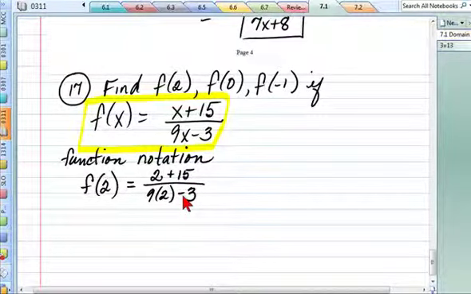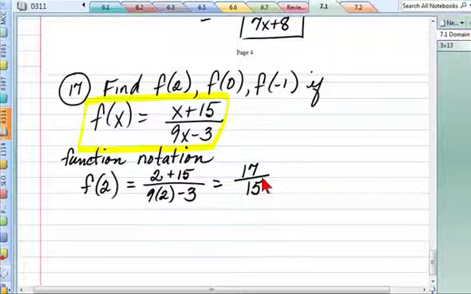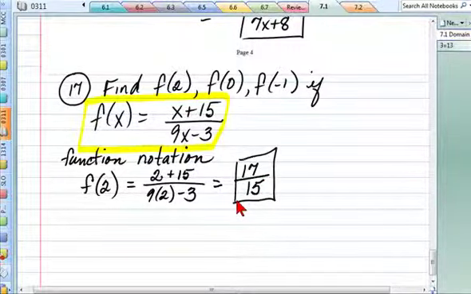Does everybody see what I did? The instruction said to find f with a 2 there. So put the 2 where the x is. Evaluate that. 2 plus 15 is 17. 9 times 2 is 18. Subtract 3 from it, 15. Can you reduce that fraction? No. It's improper, but I don't care. The answer, 17 over 15, is a completely acceptable answer. That's your first answer.